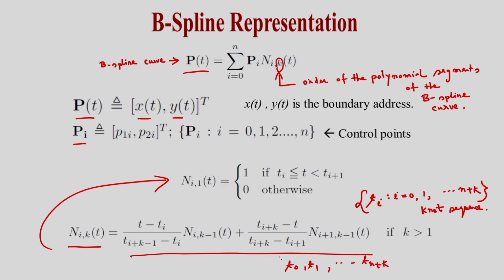I am considering these are the knot points, 0, 1 up to n plus k. So if the knot sequence of a B-spline is uniform, then it is quite easy to calculate these functions. This function means the B-spline functions.